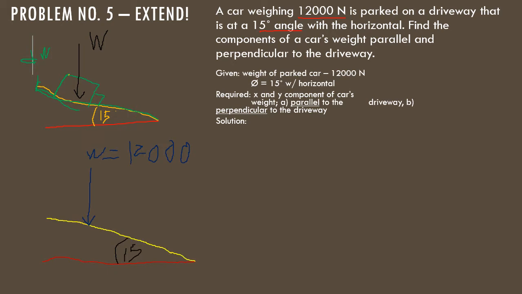Ito yung ground, then ito yung driveway, ito yung weight. Sabi daw, yung kukunin natin ay yung weight parallel, ibig sabihin, align, parallel to the driveway, at yung perpendicular to the driveway.